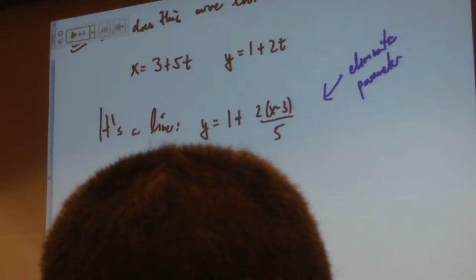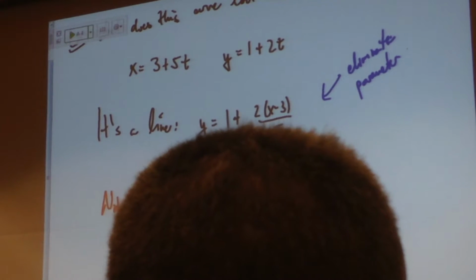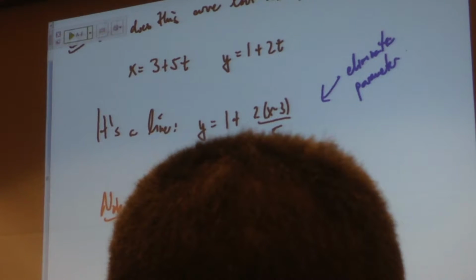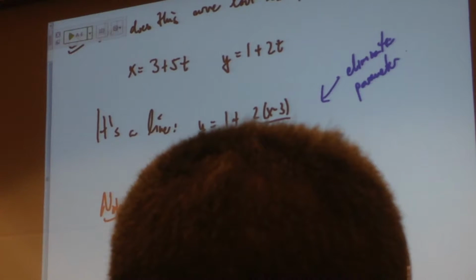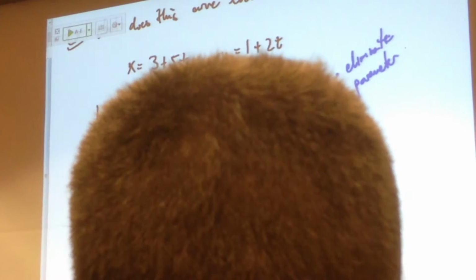Okay, so what should we know? The slope of this line is 2/5. If we do another one of these, it's enough to see the pattern.